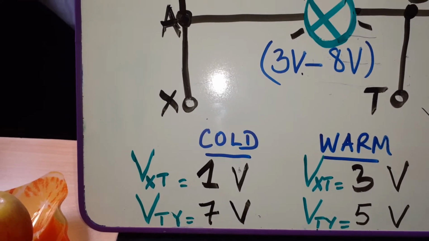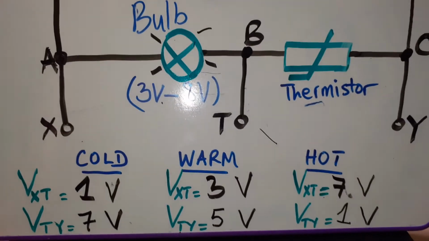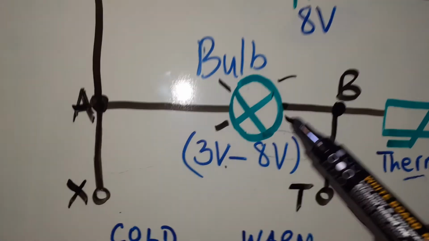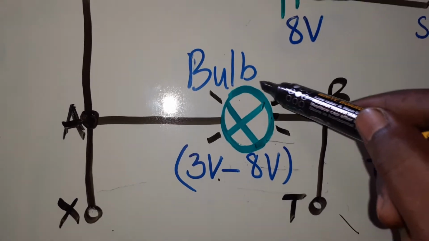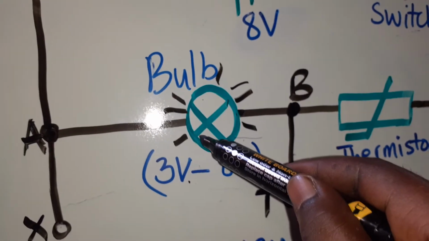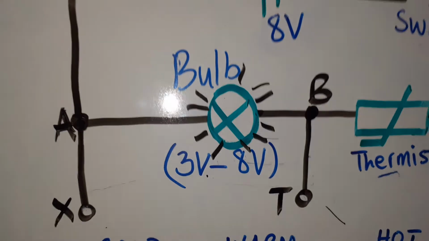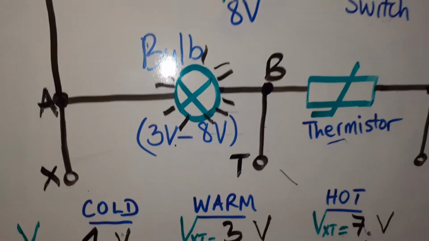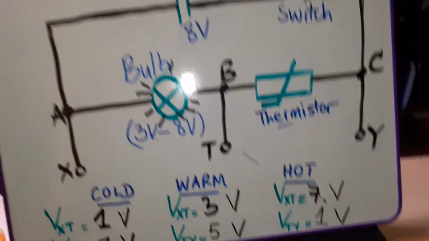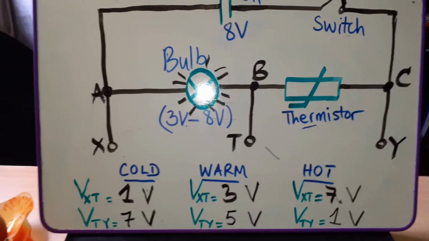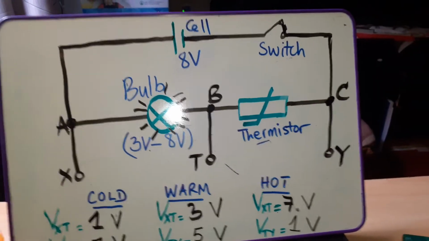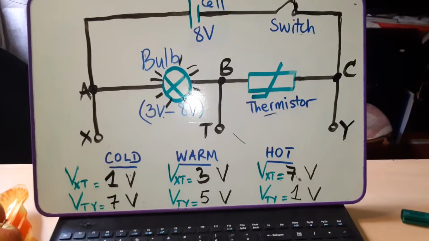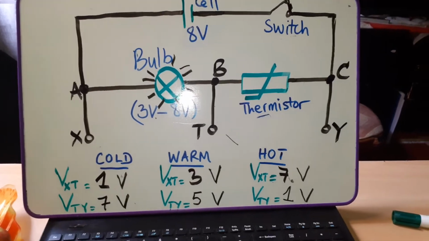So if the voltage across this lamp is now 7 volts, it is going to give more light. The bulb is going to be brighter than when it was 3 volts or 4 volts or 5 volts. So basically, this is a simple circuit that shows us how a thermistor can be used to vary the brightness of a lamp in a given circuit.